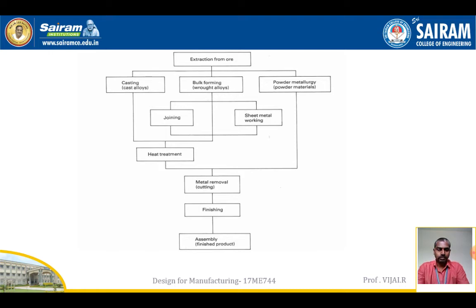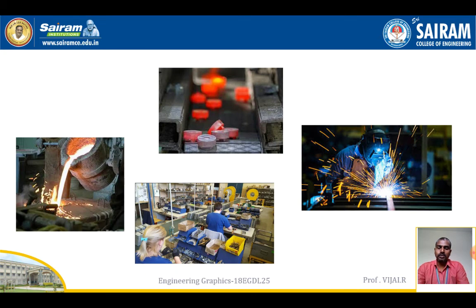Then heat treatment can be done, and metal removal, cutting process, and a finishing process. Finally, we get to the assembly. These are all the manufacturing processes involved. We can see how molding can be done, and the heat treatment process, the welding process, and finally the assembly process, which helps in making the component.